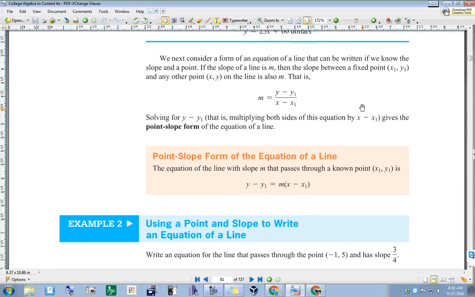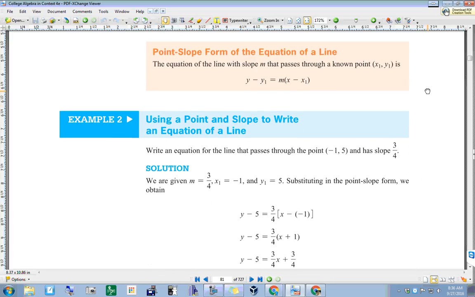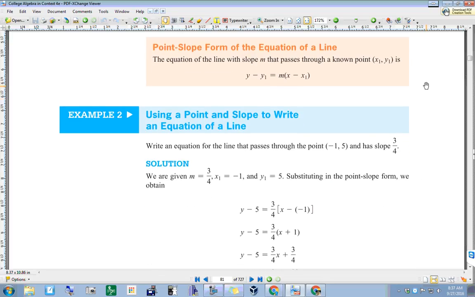Now, another little form or formula that is extremely handy to have is this one right here, the point slope form. Very rarely are you given a point and a slope that you can pop into a line, especially when that point happens to be a y-intercept.